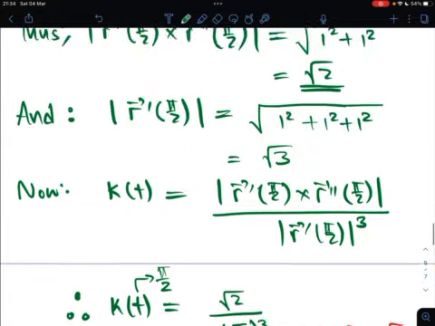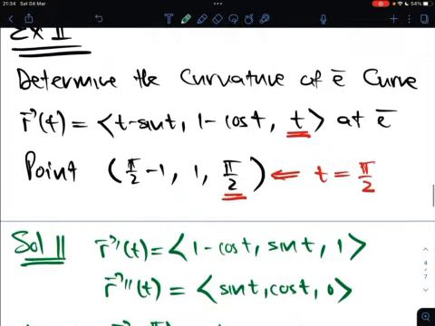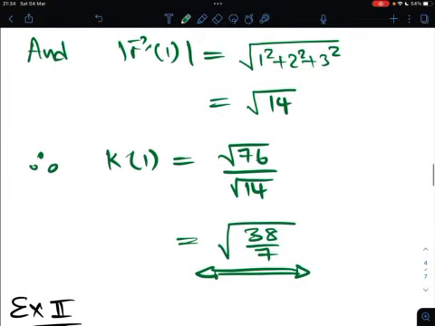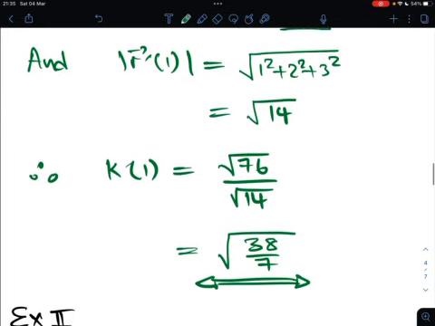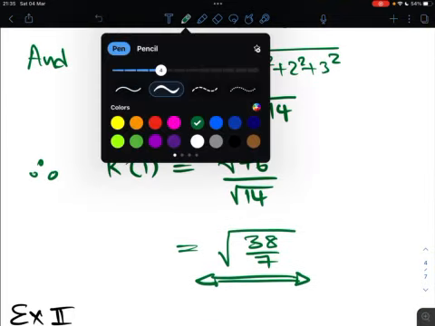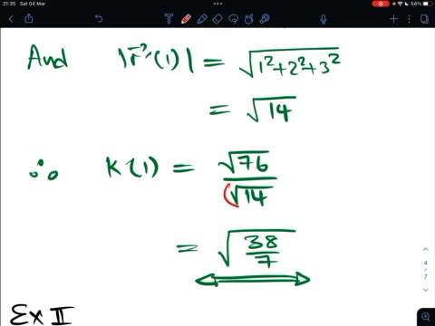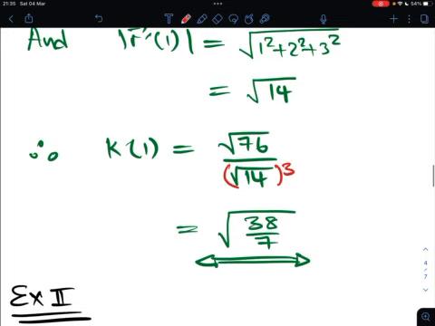But before I forget, for the previous problem which we did, there was supposed to be a cube here, which was supposed to give us something like 1 over 14 outside. Those are things that I forgot.